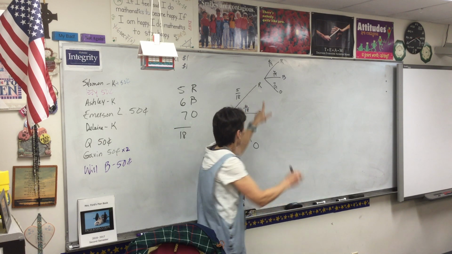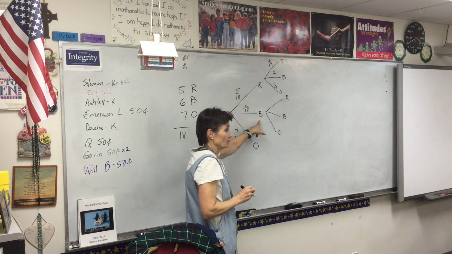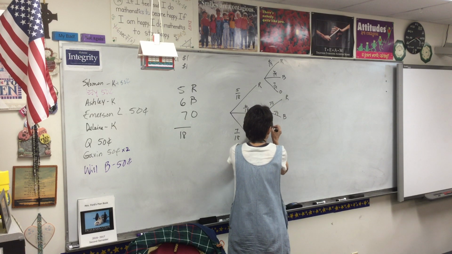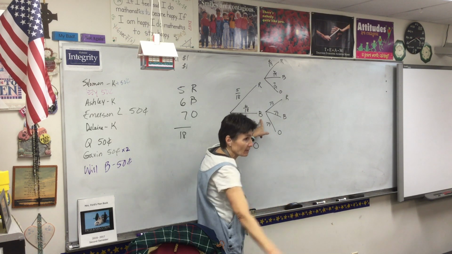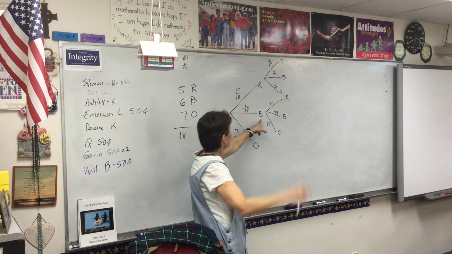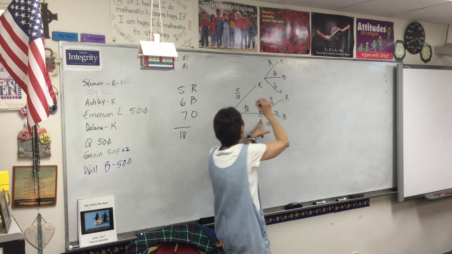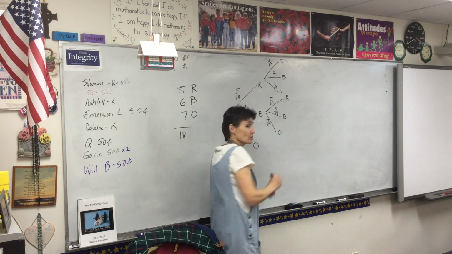Well, what if the first one I pulled out was blue? Are there still just 17 in the bag? Okay. Now I pulled a blue one out. Now blue one's here. So how many reds are left? 5. How many blues are left? 5. And 7 oranges.